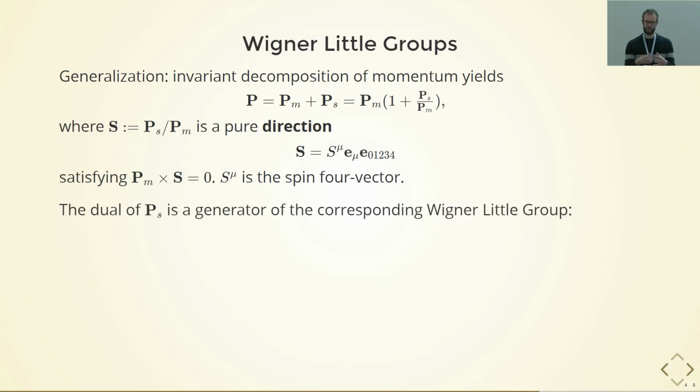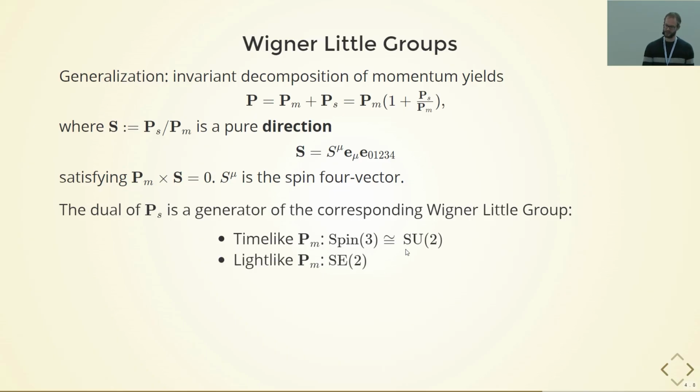And now I can just find PS, and if I take its dual, that will be the generators of these Wigner little groups. So if you have, for example, a time-like momentum, like we all are right now, that's the normal case, then you have a spin 3 as an invariance group. So that's isomorphic to SU2 for spin.